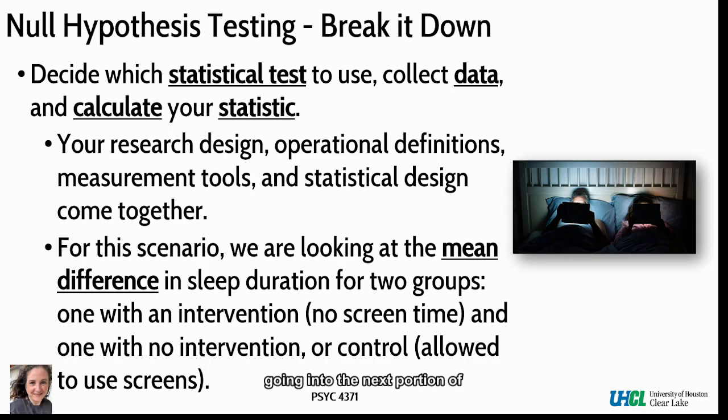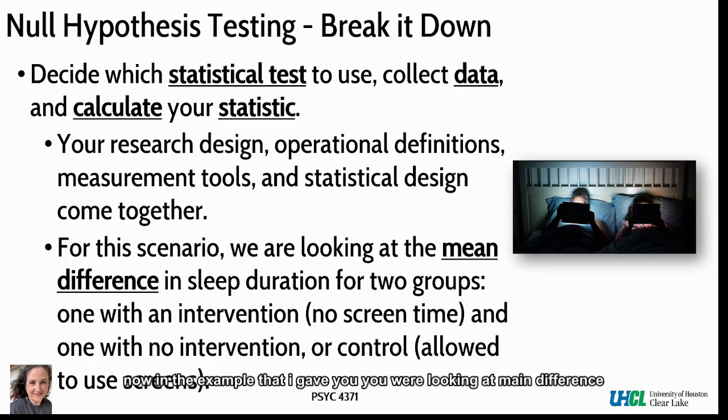Going into the next portion of the procedure for hypothesis testing, we would decide what statistical test we're going to use. You'd collect your data, and then you would calculate your statistic. What test you use is going to be directly the sum of what research design you had, your operational definitions, your measurement tools, and how your statistical design plan all work together. Those four things inform which test you use and how you calculate that statistic.